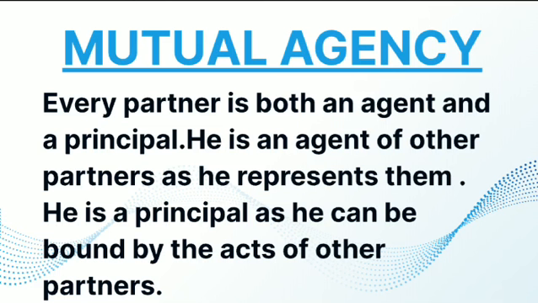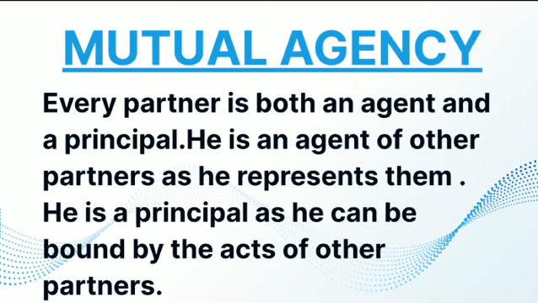Yes, he is an agent because he has to represent not himself, but all the other partners of the firm to the public or to the third party. He is also the principal as he can be bound by the acts of the other partners. Yes, it will also affect him because he is also the principal.